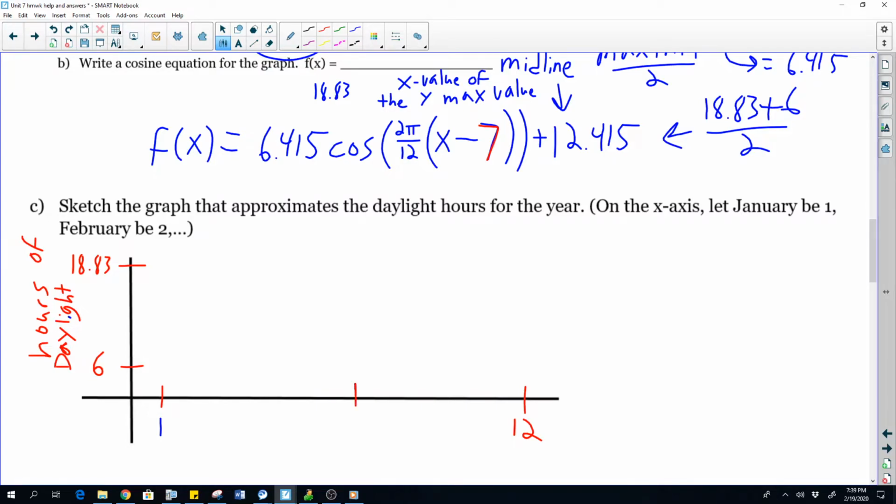So we'll put a 7 right here, which is phase shifted tremendously. Interesting. So that phase shift is going to affect things. We should probably put that in our calculator just to make sure when we graph this, because it looks like it's going to go something like this, starting in July and then hitting the 7.